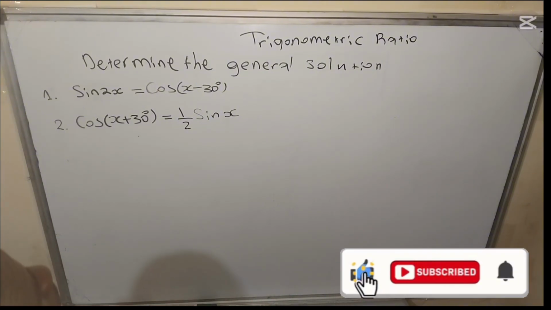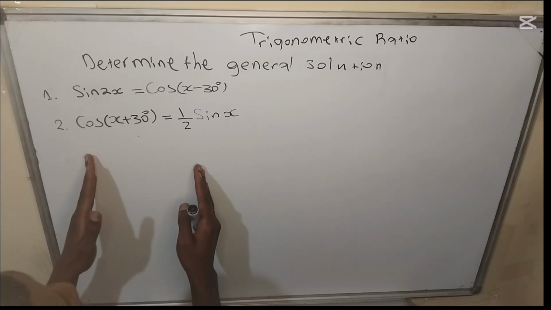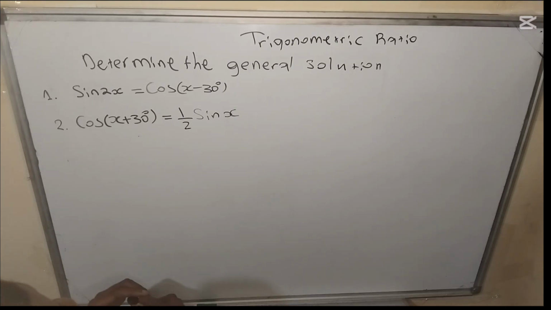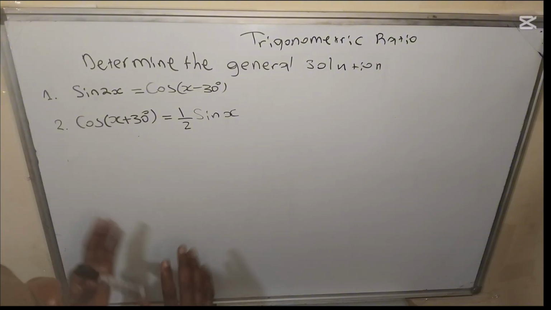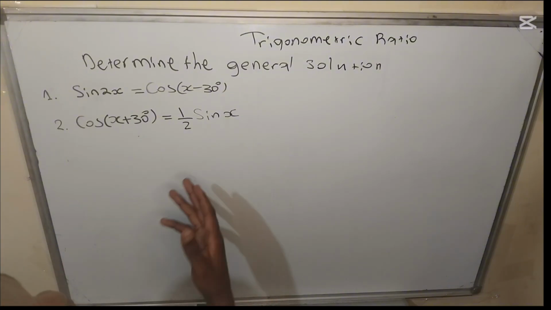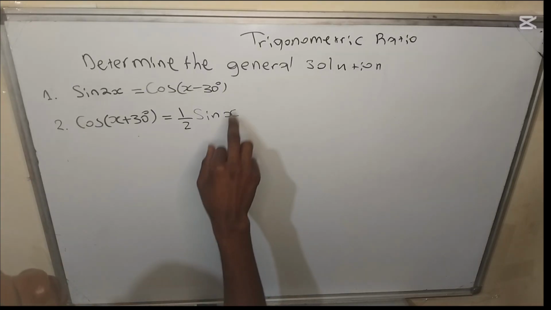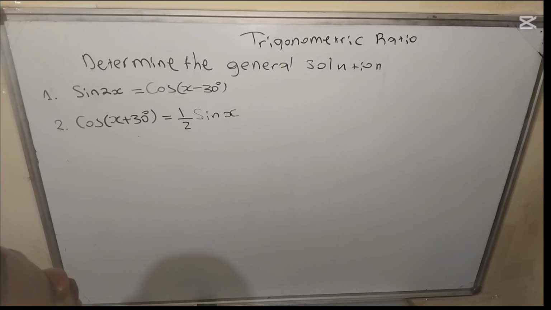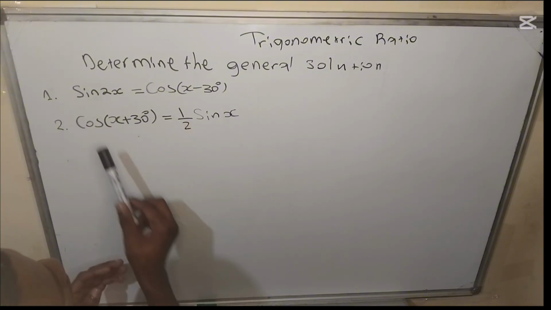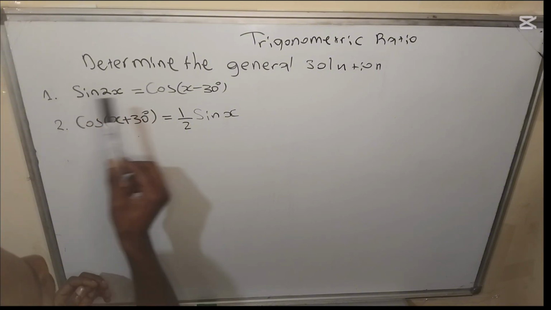As we proceed, we have two equations here. These two equations might look similar, but they are completely different from each other, even in terms of determining their general solutions. We are going to apply different methods to determine the general solutions of these two equations. On our first equation, the coefficients are equal to 1.